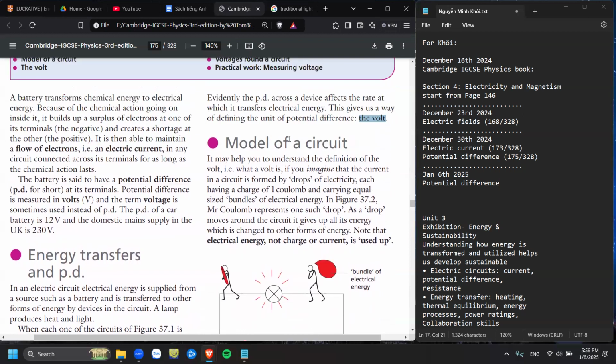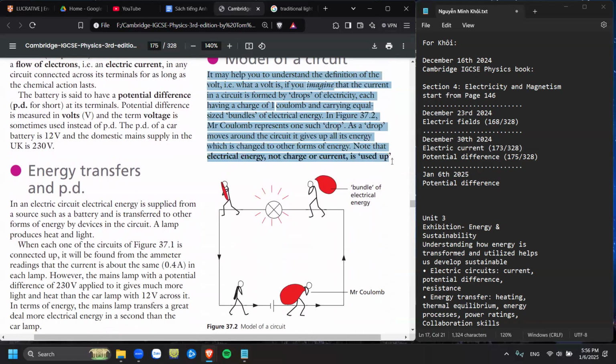Now, can you read the model of a circuit here? It may help you to understand the definition of the volt, i.e., what a volt is. If you imagine that the current in a circuit is formed by drops of electricity, each having a charge of 1 coulomb and carrying equal sized bundles of electrical energy.